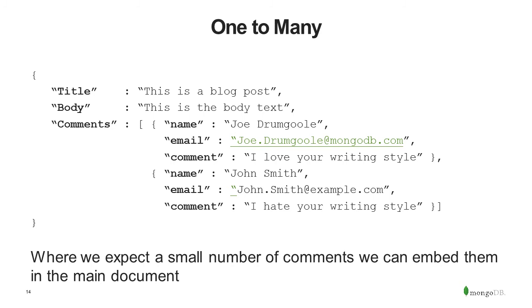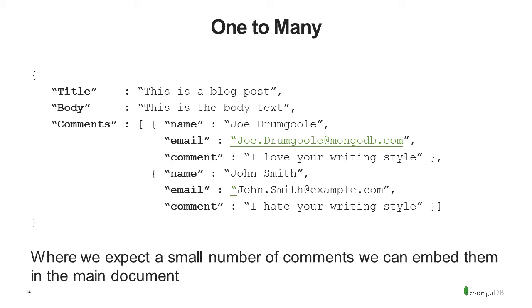Now, one-to-many. Imagine I've got a blog, and it's my own blog that I run at home, and, guess what? I don't get that many comments. Well, a trivial way to do this is to embed the comments at the same level. And document and object embedding is a key property of MongoDB.